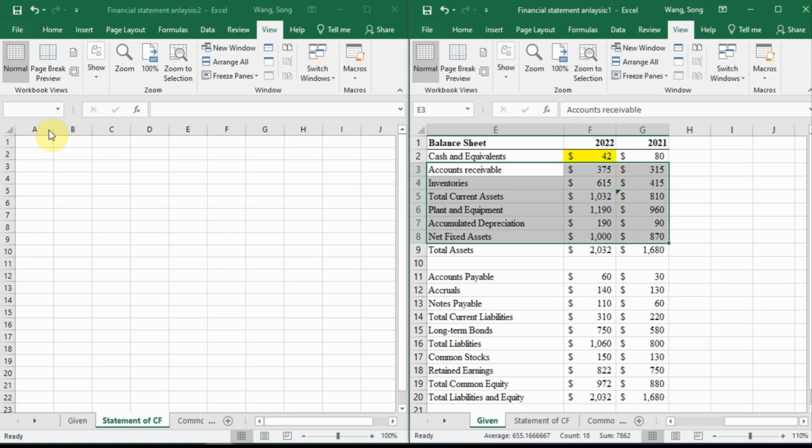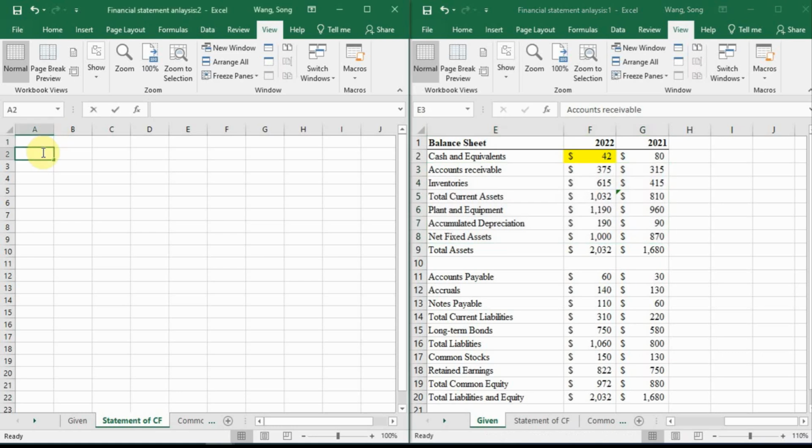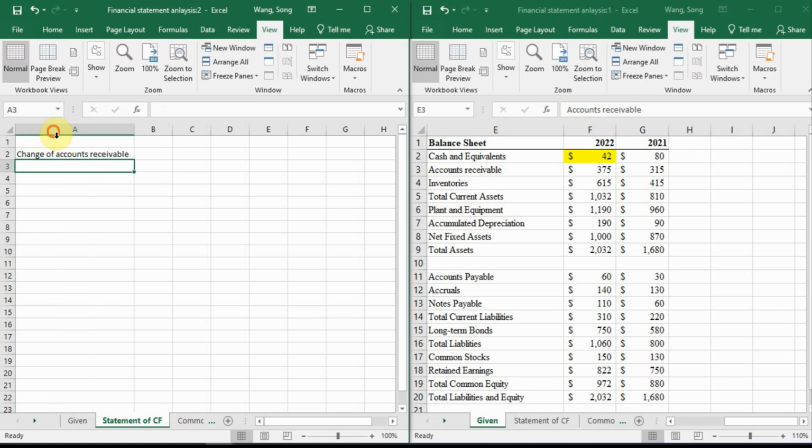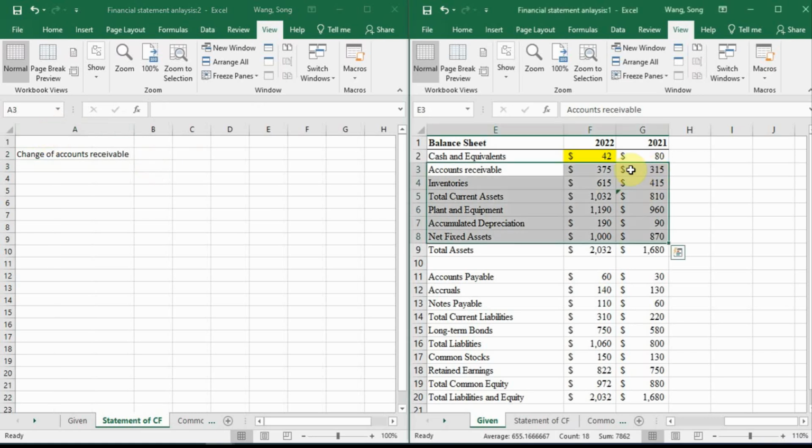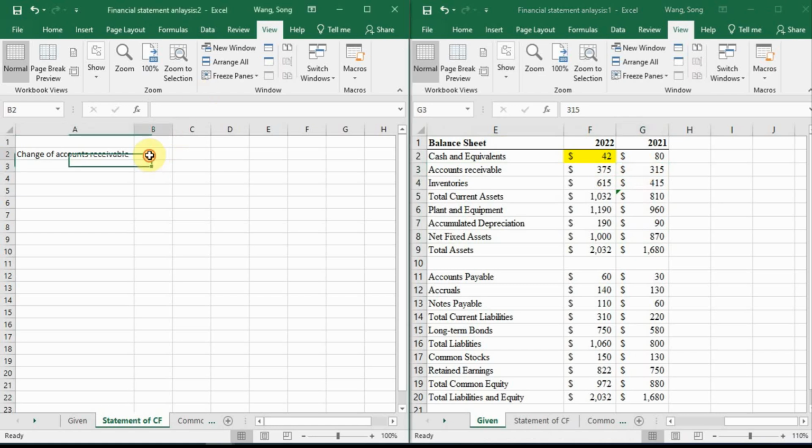For example, I'm going to type in an item called change of accounts receivable. All right, and that is an asset. You will see the accounts receivable increased from 315 to 375. It increased by 60. And what's the net effect on your cash if your assets increase? You're going to have a deduction in your cash when you build more assets.